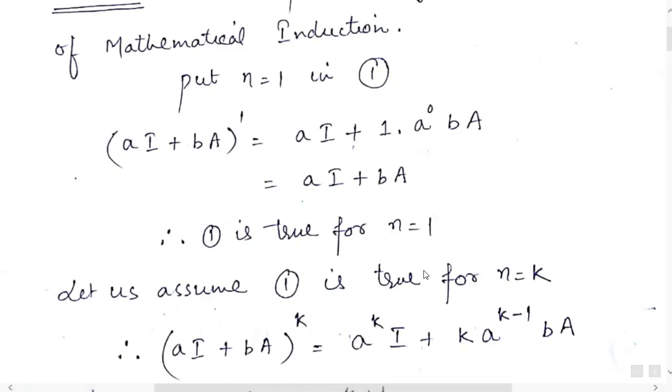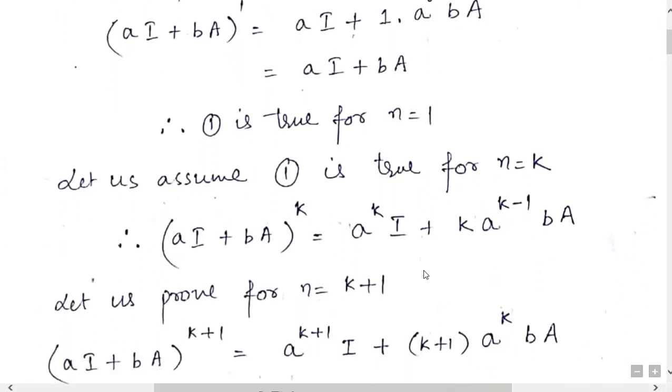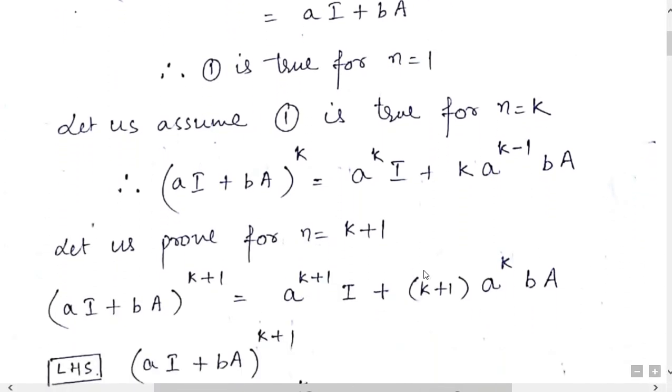It means statement 1 is true for n equal to 1. Now insert n equal to k and let this statement be true: (aI plus bA) raised to power k, a raised to power k I plus k a raised to power k minus 1 bA.